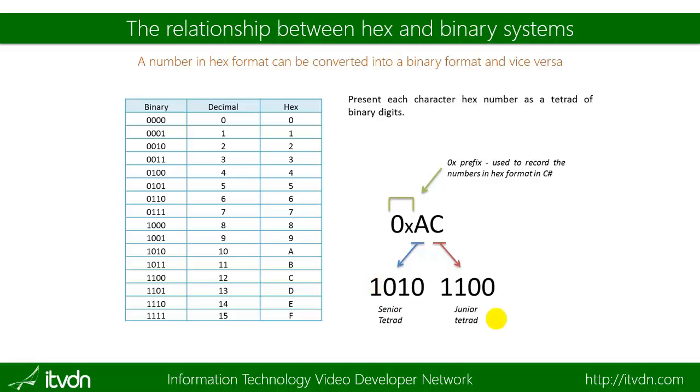So, now that we have written 0x and have indicated that this is in the hexadecimal format, and we want to convert it into the binary format, let's look at this. We have a table here, with a hexadecimal row, a decimal row, and a binary one.